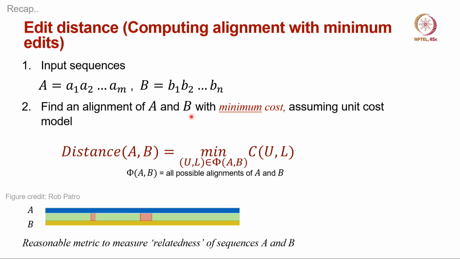That is, if we assume unit cost model, then we are seeking alignment with minimum number of edit operations. So, in this case, this formulation is useful and it is a reasonable metric. So, edit distance is a reasonable metric to measure relatedness of two sequences A and B. So, given the entire sequence A and the entire sequence B, you will know how well these two sequences are aligning after solving this problem.